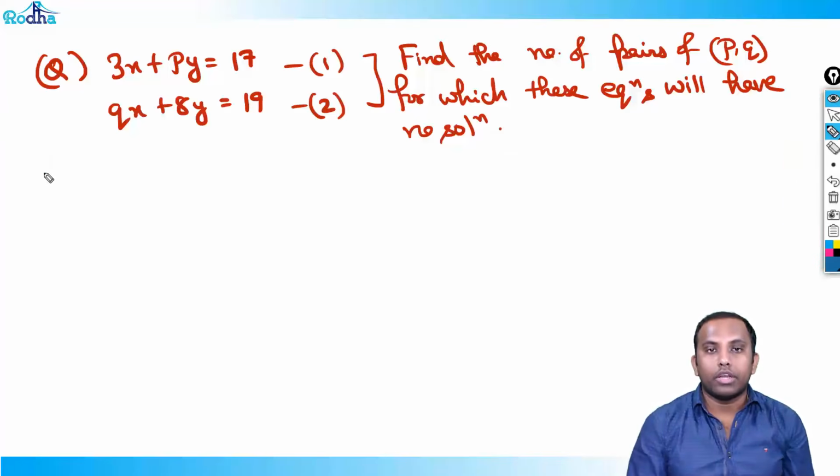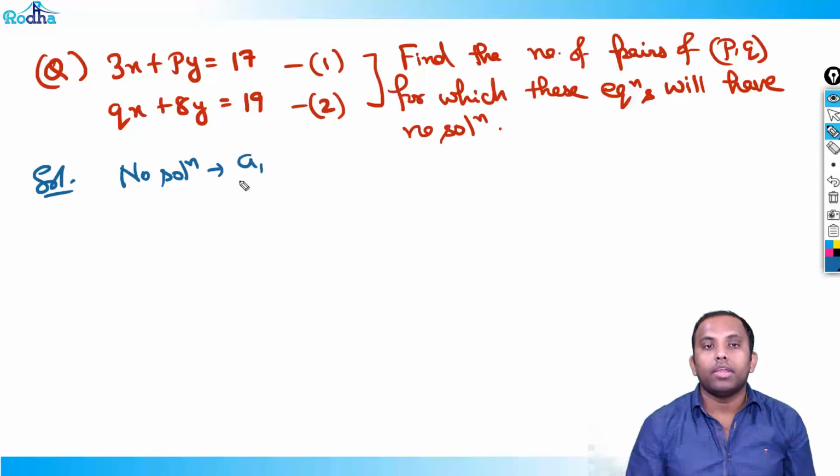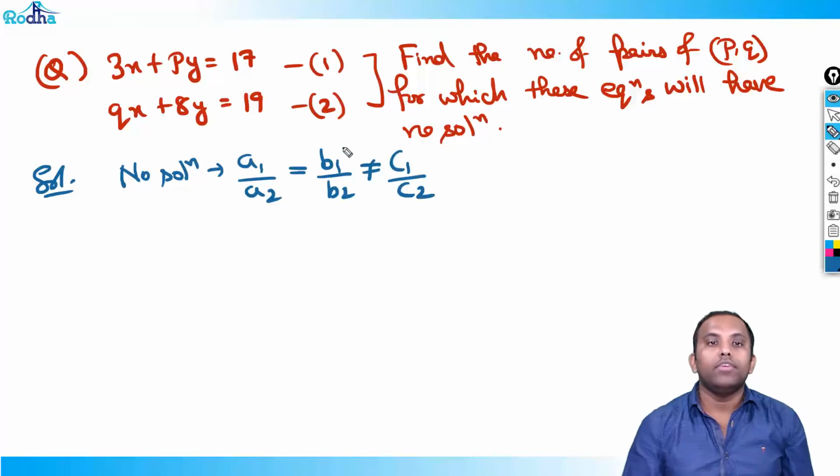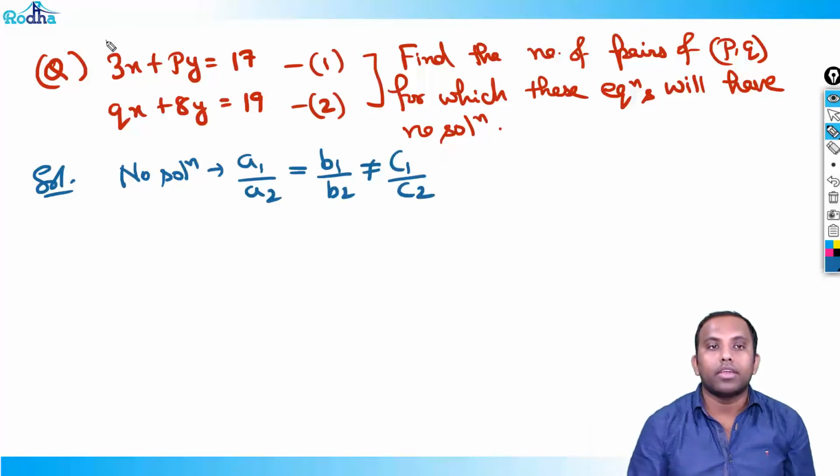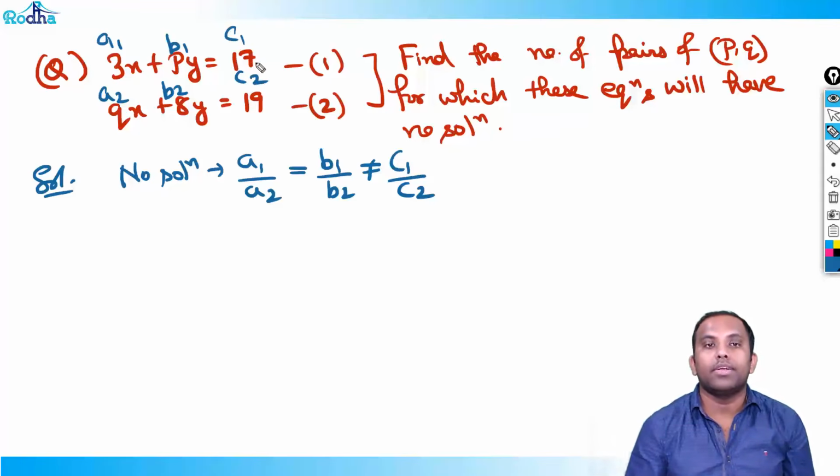Now, what is the condition for no solution? For no solution, a1 by a2 is equal to b1 by b2 but should not be equal to c1 by c2. Here this is a1, this is a2, this is b1, this is b2, right? And this is c1, this is c2. So c1 by c2 is 17 by 19.